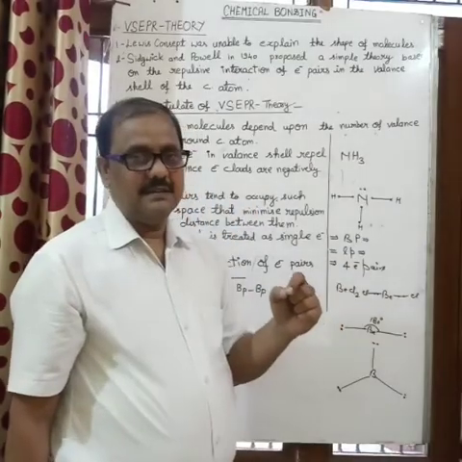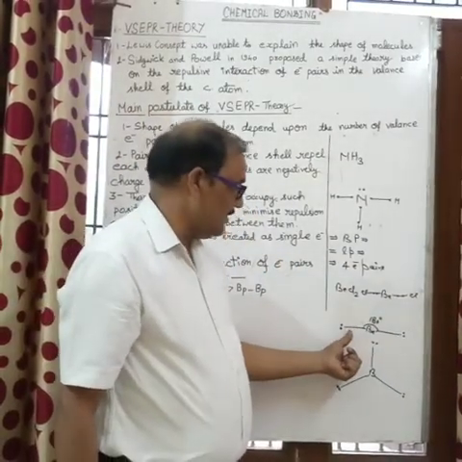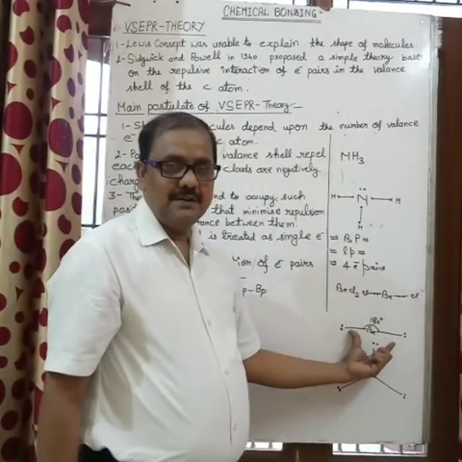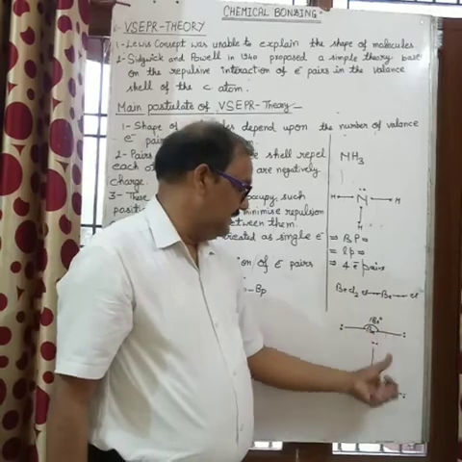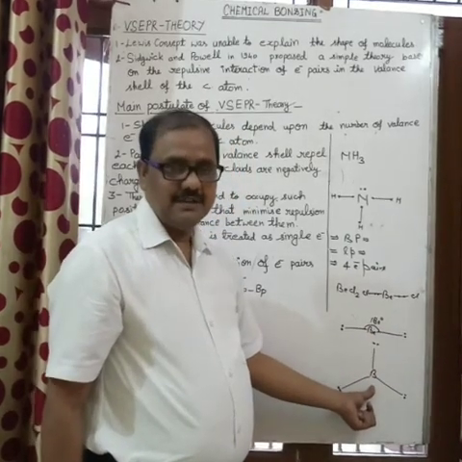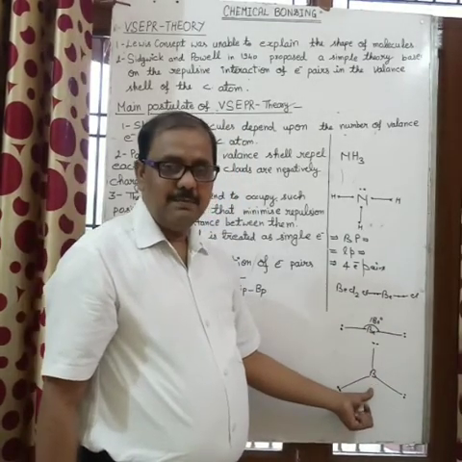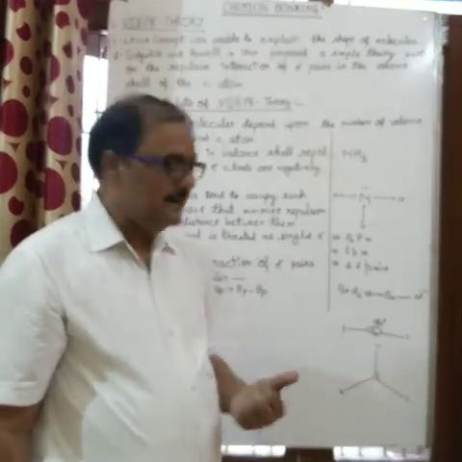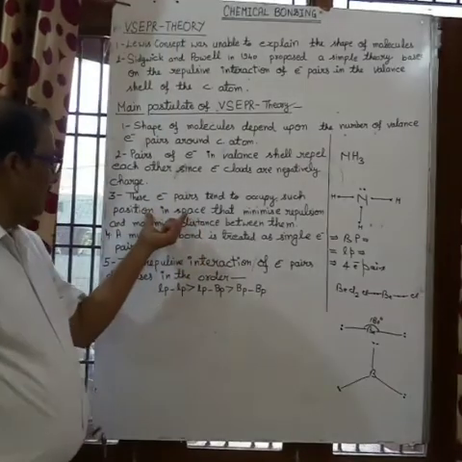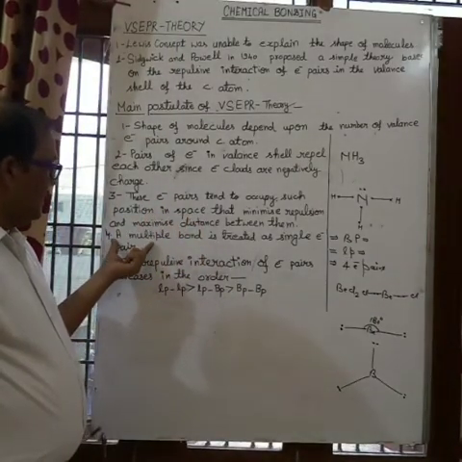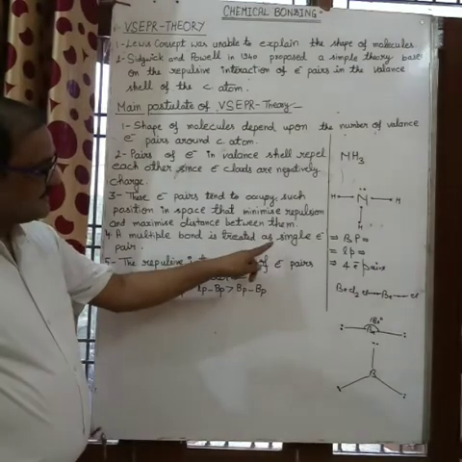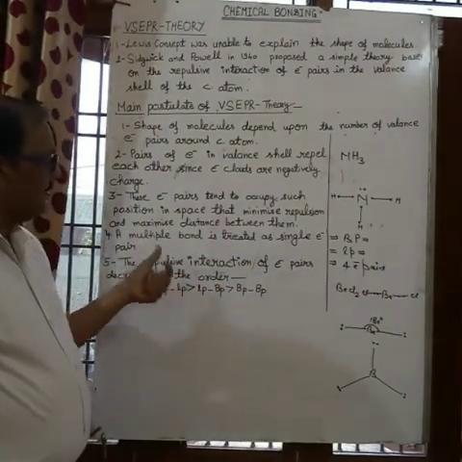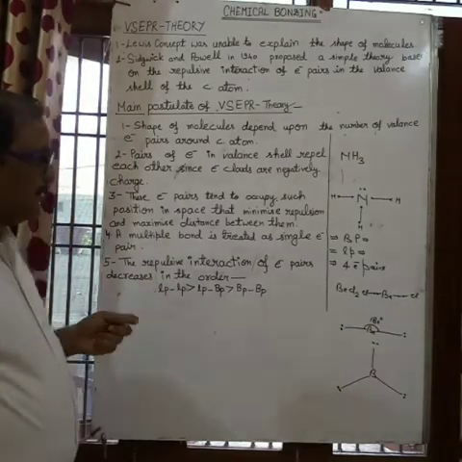It means if two pairs of electrons are present, the geometry of the molecule is linear; if three pairs are present, it is trigonal planar; and if four pairs of electrons are present, then it is tetrahedral. This is an important point.